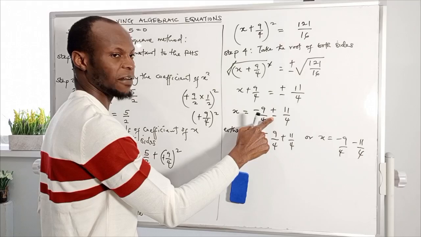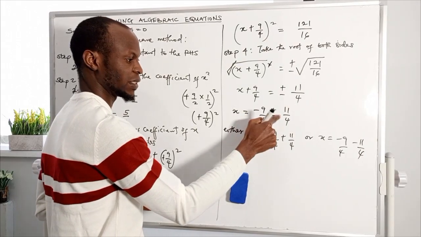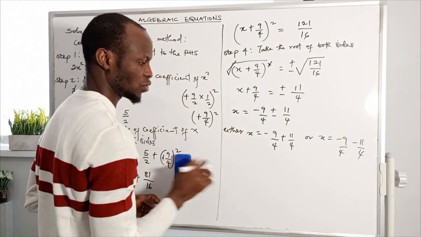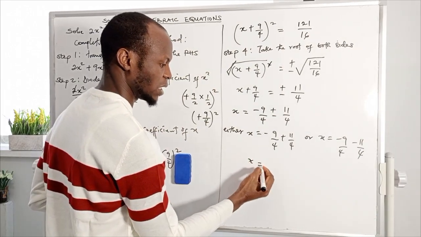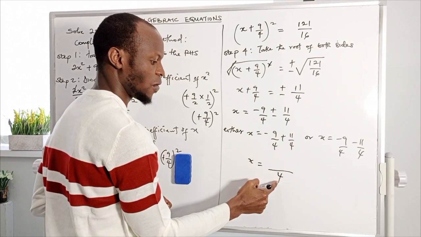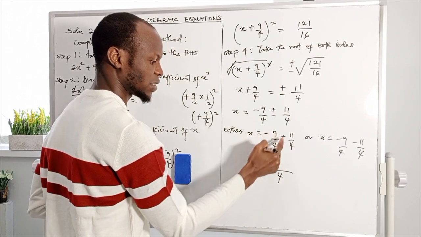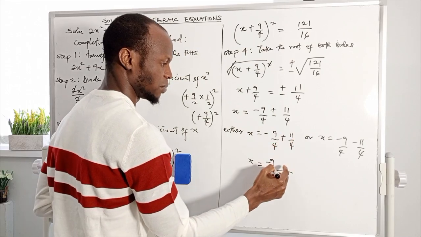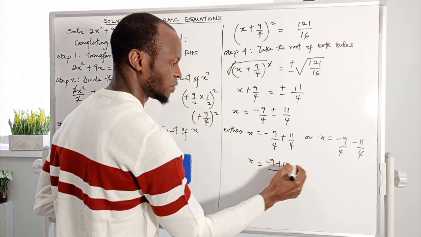What I've done is I have split these signs to have plus standing on its own and negative standing on its own. x equals, if you find the LCM of this, is 4. 4 in 4, 1. 1 times minus 9, we have minus 9. 4 in 4, 1. 1 times 11 will give me plus 11.